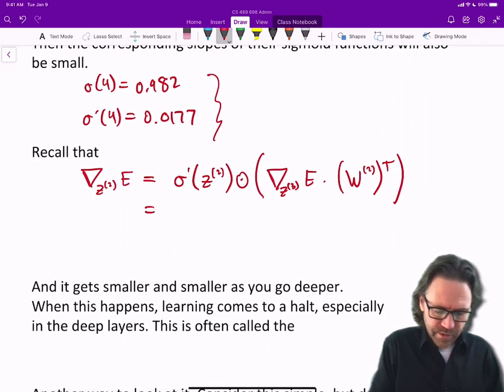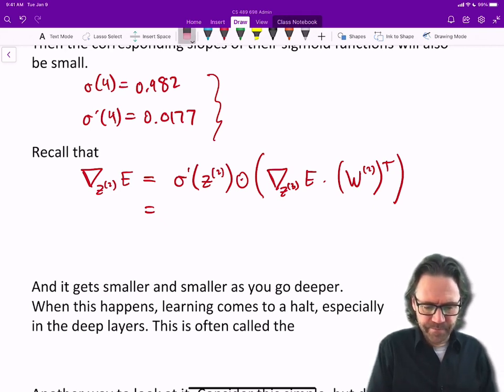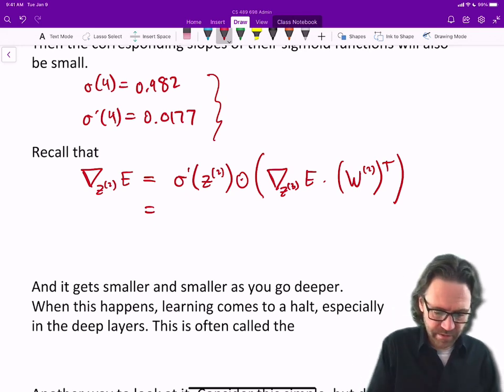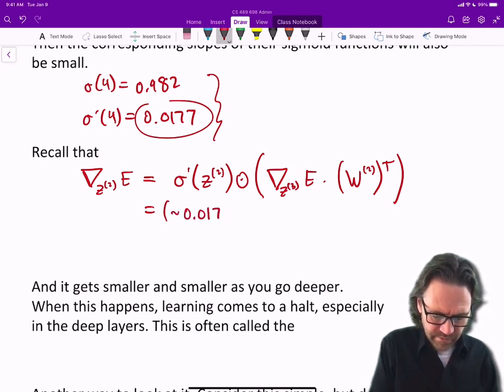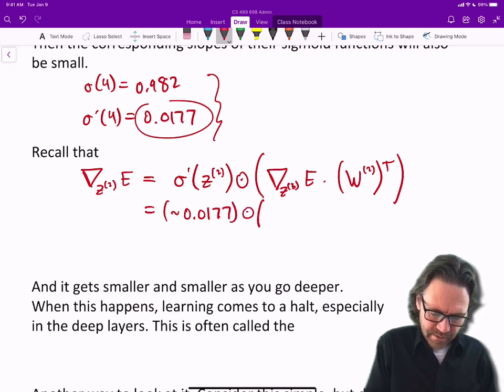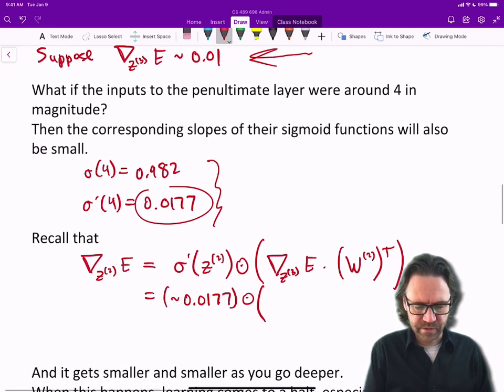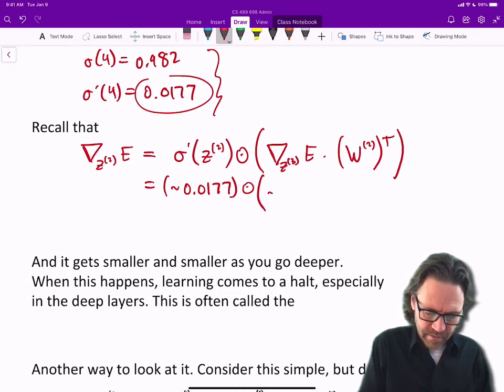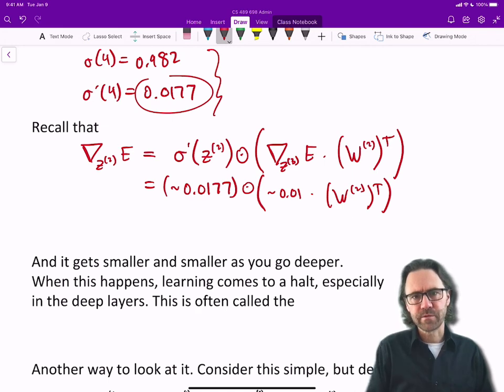Okay, so I've already established that the derivative of the activation function in the next layer down was about 0.0177, times the gradient from the layer above, which is 0.01, times the weight matrix transpose.